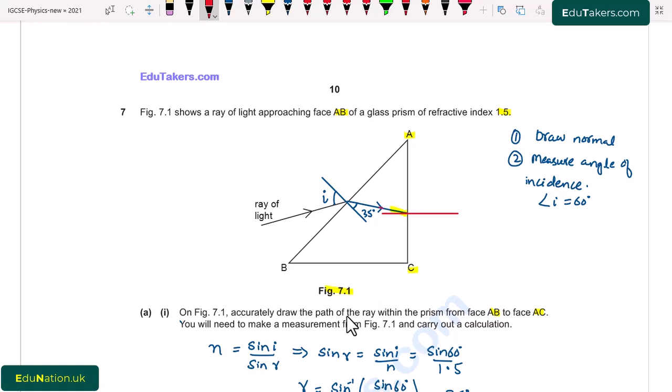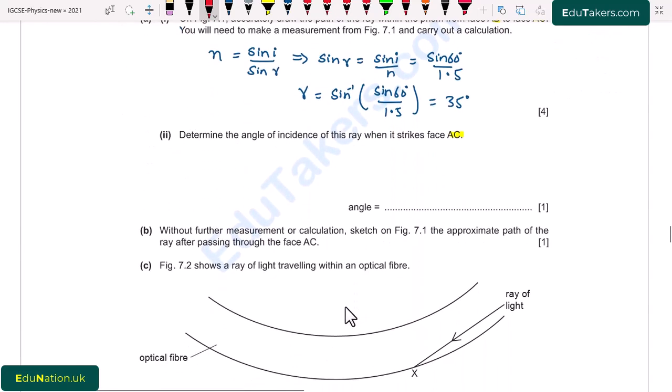Using the protractor we can measure it and it comes to be 10 degrees. So I write here: angle of incidence for face AC is equal to 10 degrees.